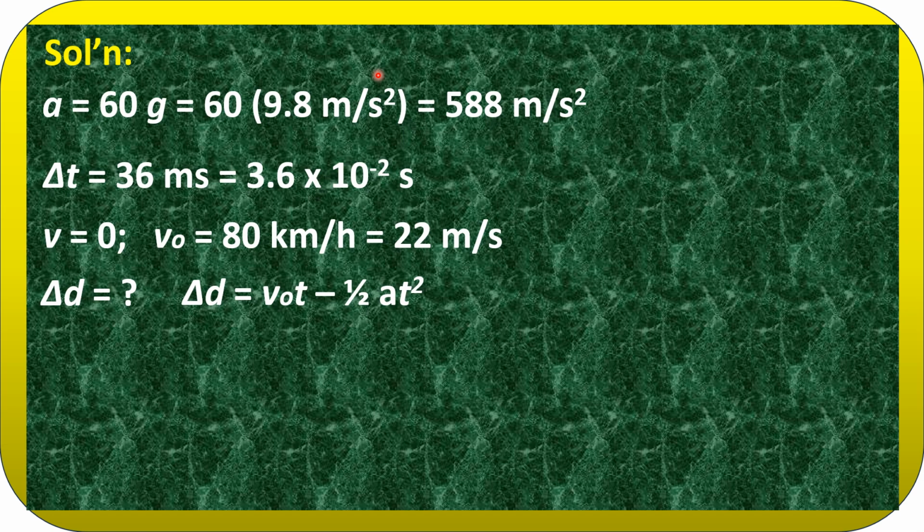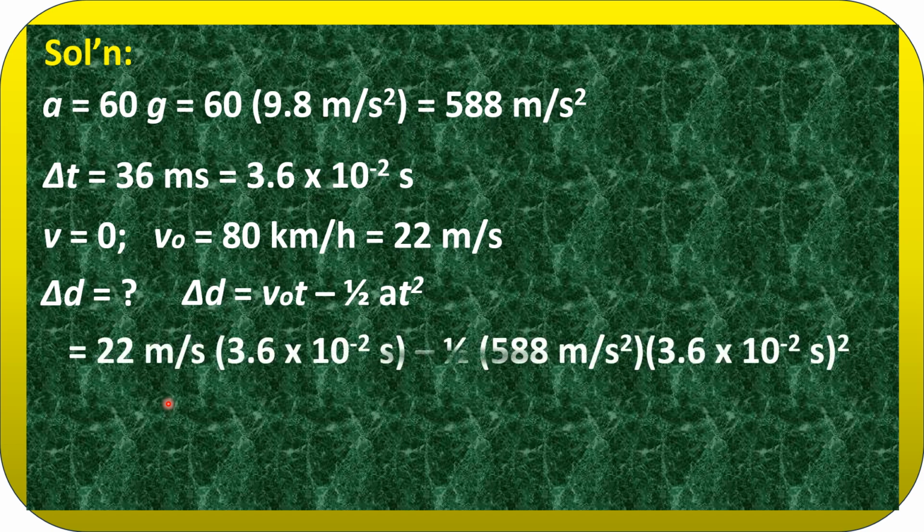We want to know how far the occupant's head will move towards the steering wheel, or the dashboard, in the given specified elapsed time of 36 milliseconds, when the airbag produces that maximum acceleration of 60 g before it stops. So in this formula, we will plug in the given quantities.